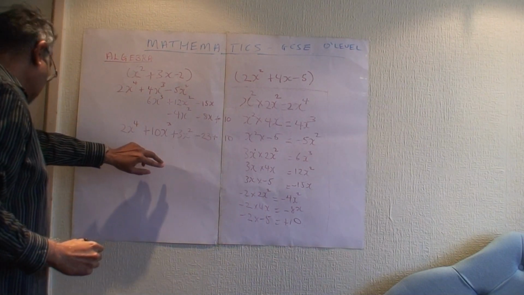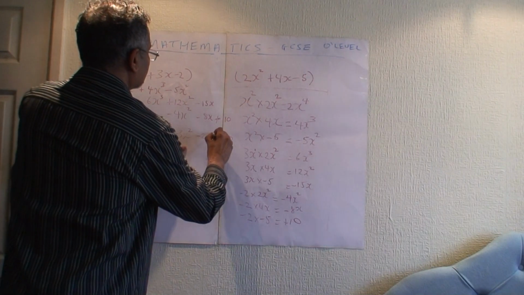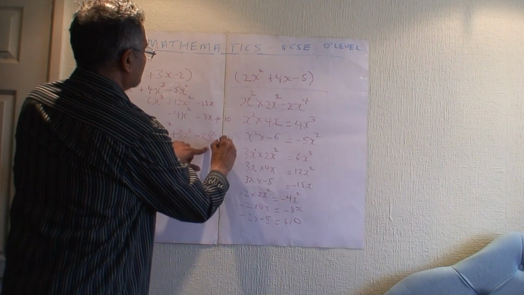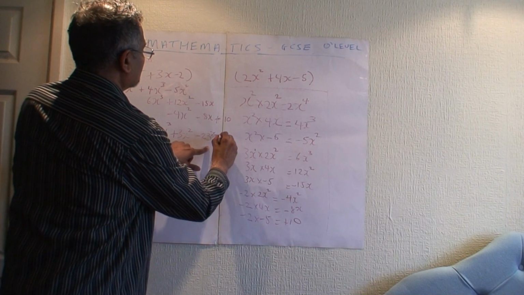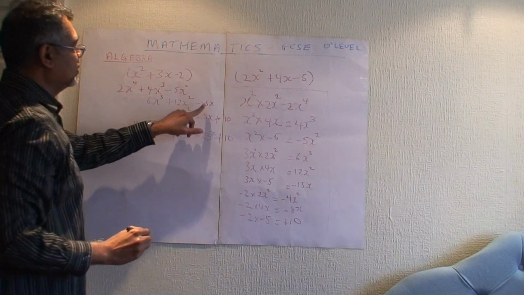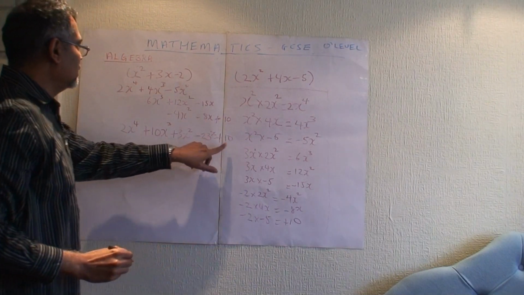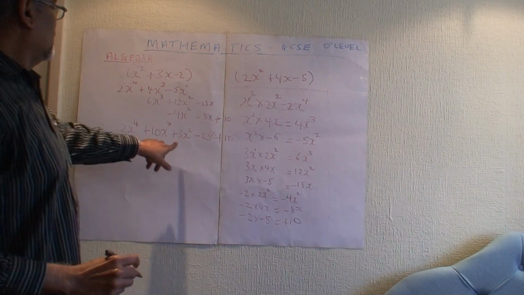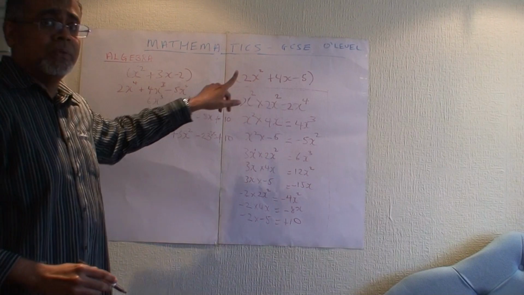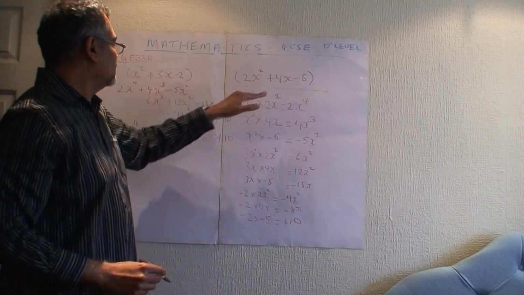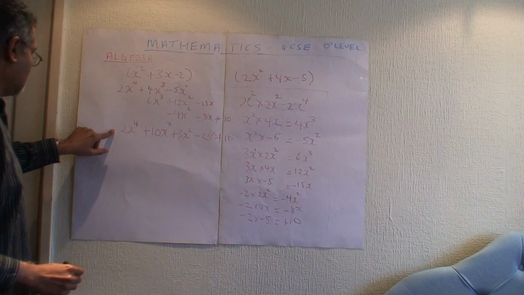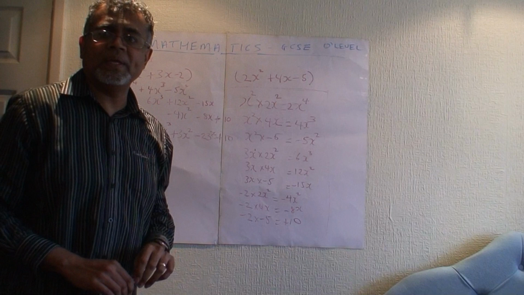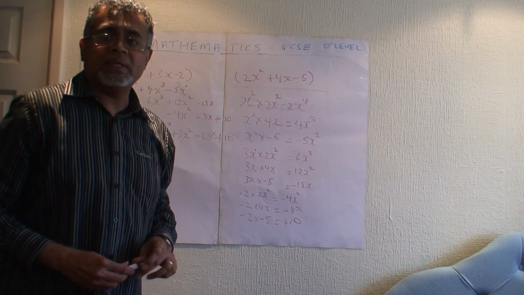So minus 23x plus 10 is the answer. When you remove the brackets and simplify, that's the answer we're looking for. So we would stop there for now. Thank you.